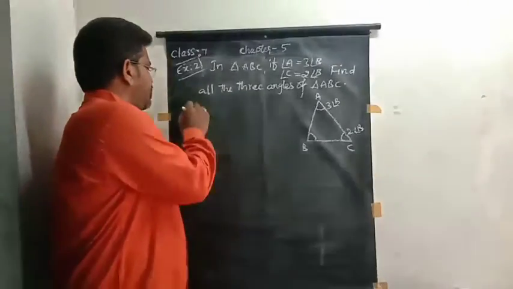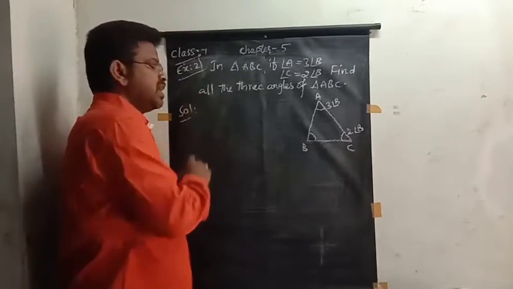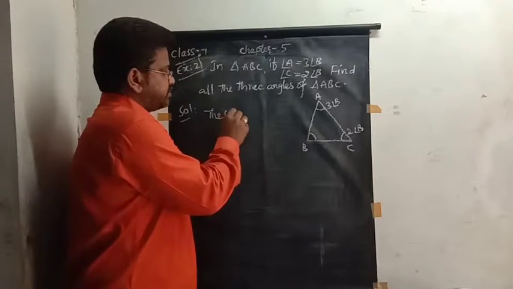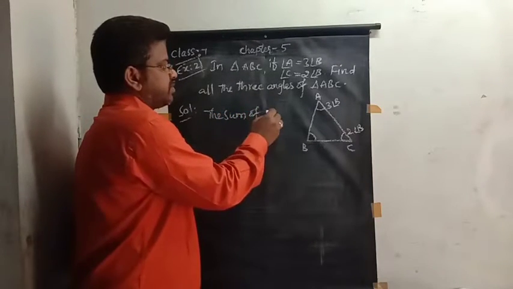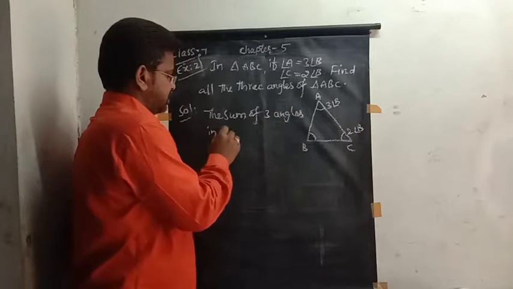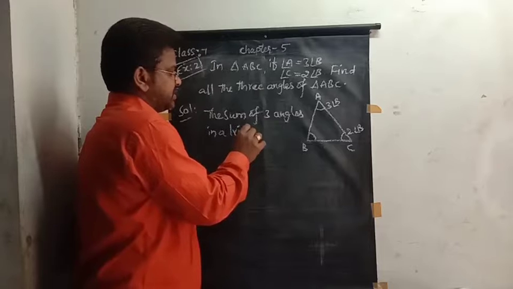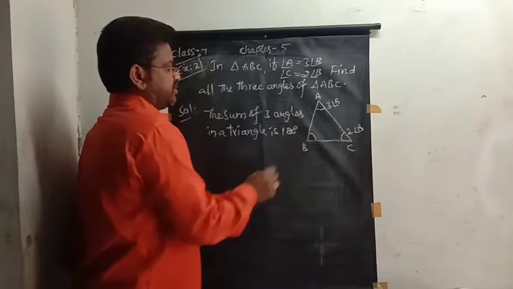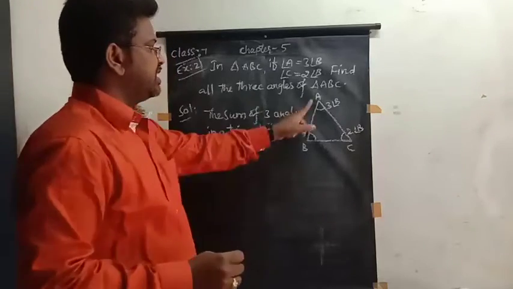So you know the solution is the angle sum property. The sum of three angles in a triangle is 180 degrees, you know. So what are the three angles?